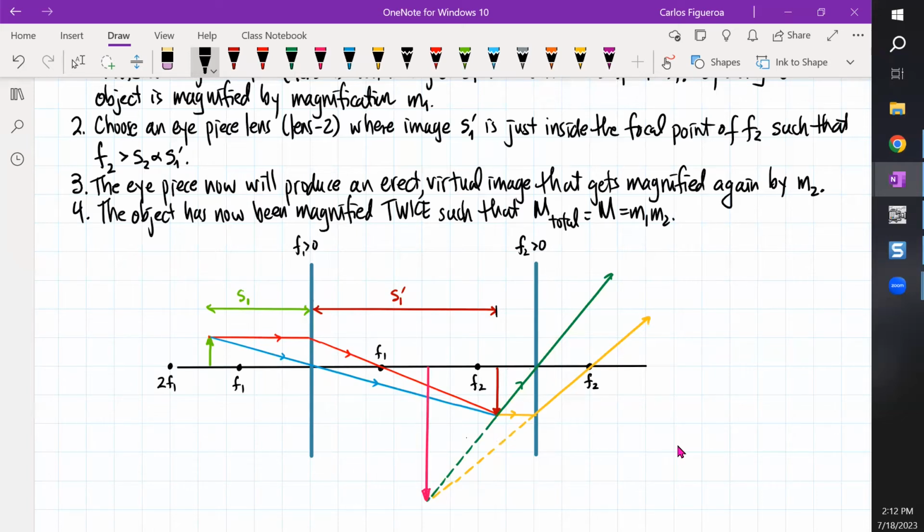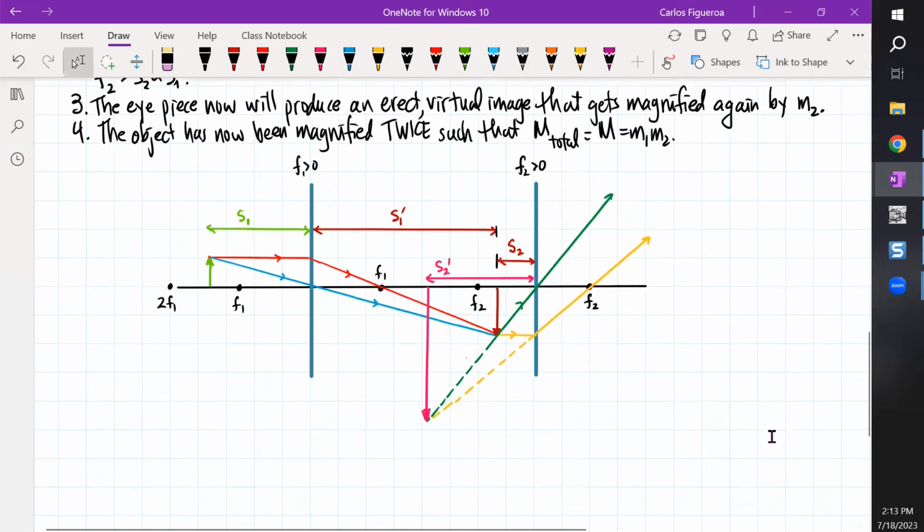So my S2 prime, my image, is from this distance, from here to here. And then you can see that this distance right here, from here to here, is related to my object distance, S2. So that's my final image.